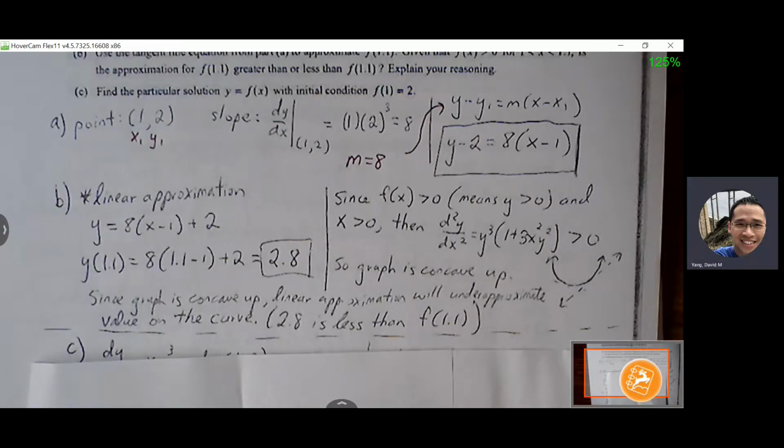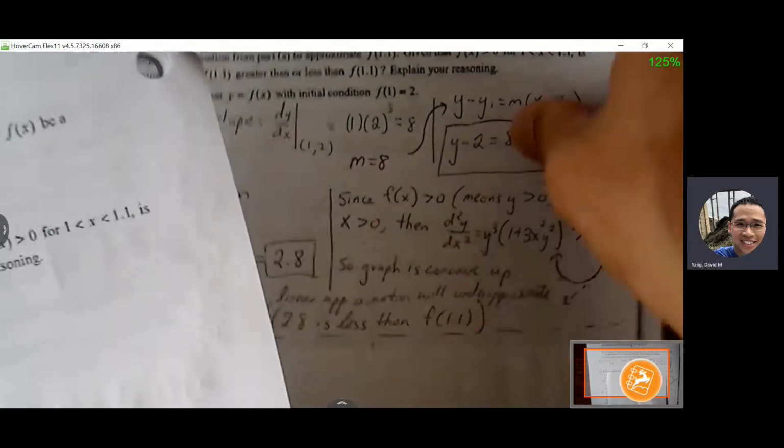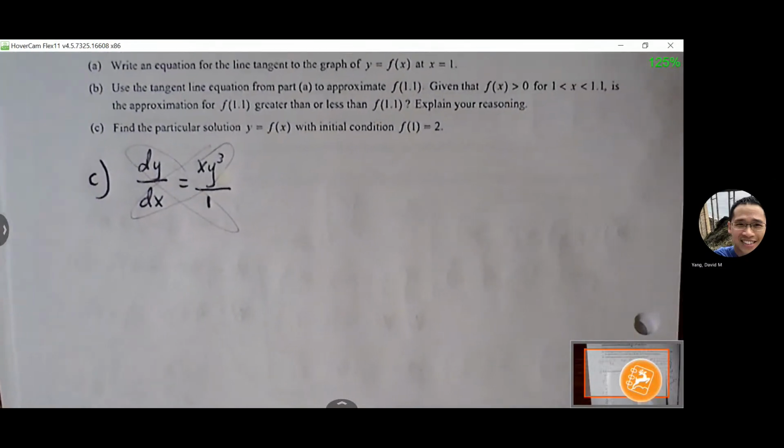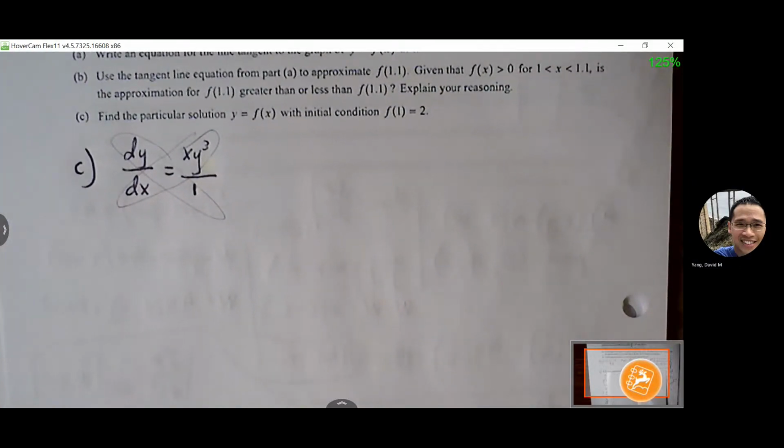Create a fraction equal to a fraction, cross multiply, and see if you can separate your x's from your y's. Okay, so start here. See where you can go from there.